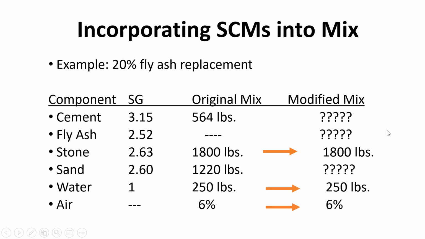Well, ACI 211 uses sand as a filler. So what we'll do is figure out how much cement and how much fly ash we're going to have. We'll do those calculations, and then we will adjust by using our sand as the filler.